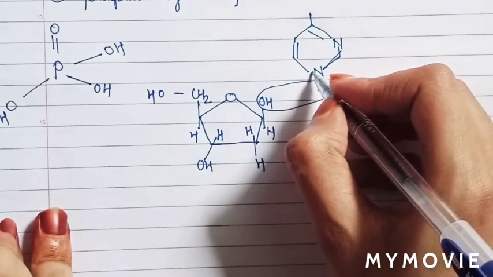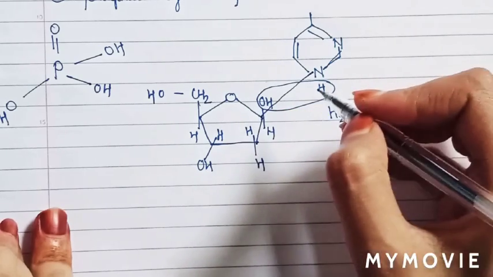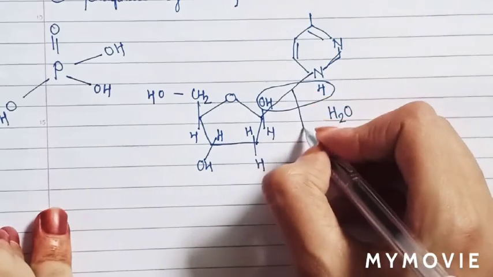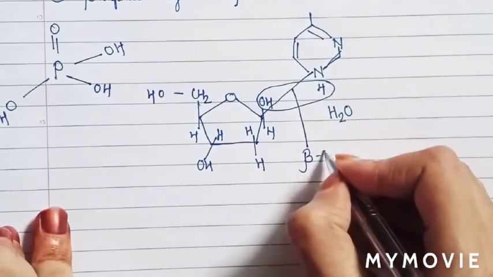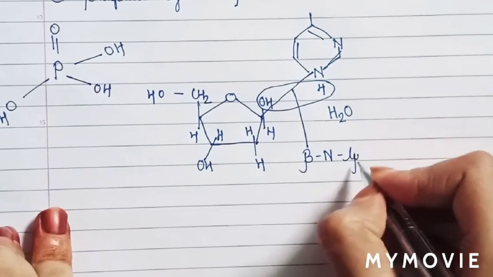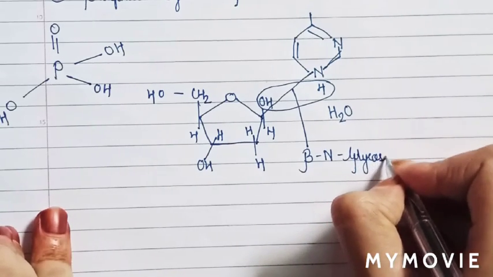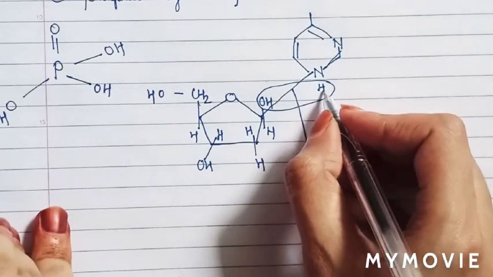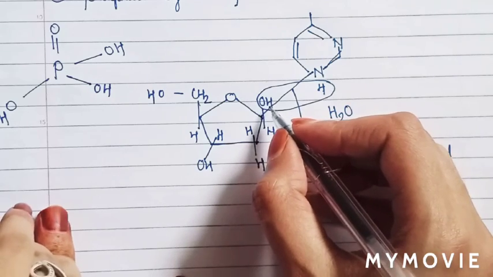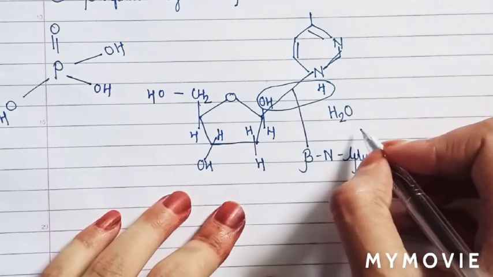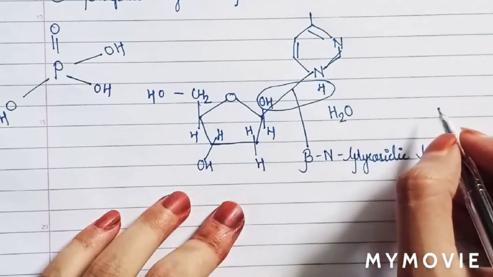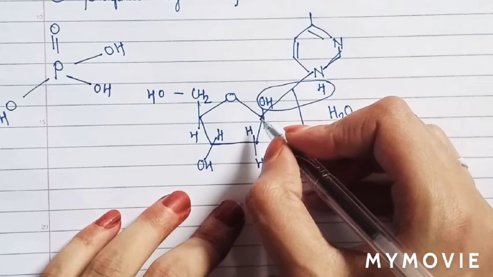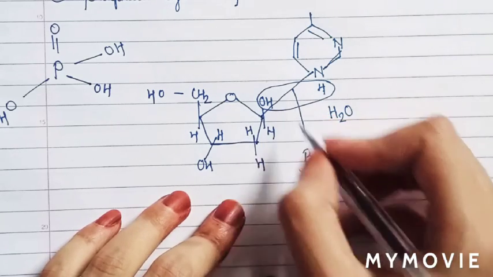Then this nitrogen gets attached to the first carbon atom and forms a beta-N glycosidic bond. What happens is this hydrogen combines with the hydroxyl group and forms a water molecule, which is removed, and then this nitrogen gets attached to the first carbon atom of the pentose sugar and forms a beta-N glycosidic bond.